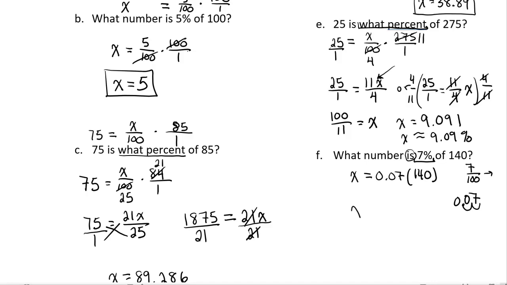All right, so X is, we get 9 and 8/10. Now it's said to round to the 100th. This is rounded to the 10th. So we need to put a 0 there so that that number is in the correct format. Notice it says what number, so we do not need a percentage on that answer.